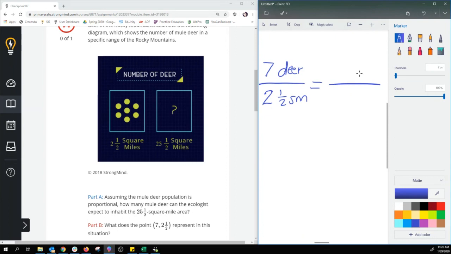Not a 0. I could put a variable, right? X. I don't know how many deer there are, so I want to represent it with a variable X, because I know X has to be some number. I just don't know what that number is yet. And then on the bottom, it covers 25 1/2 square miles.